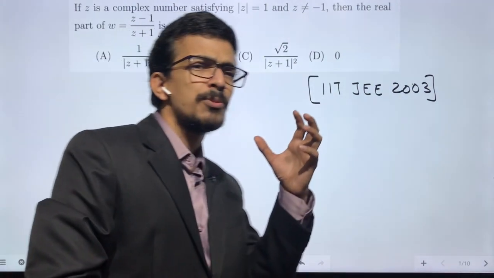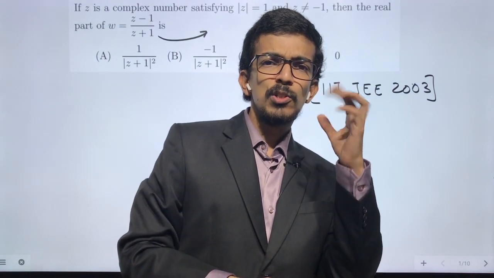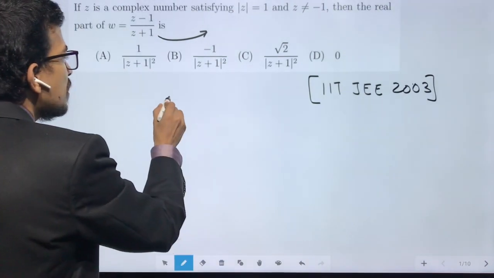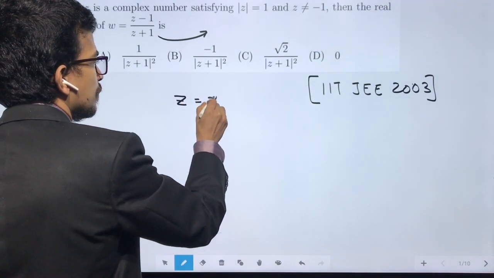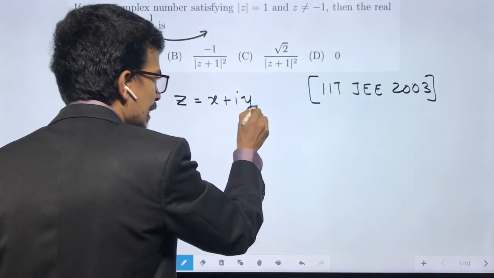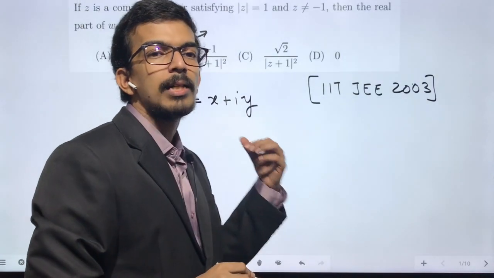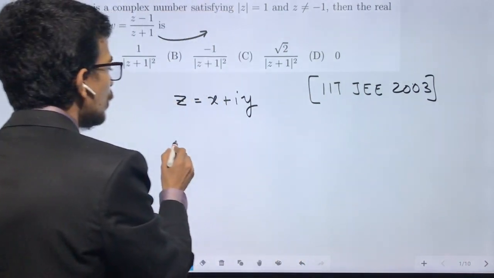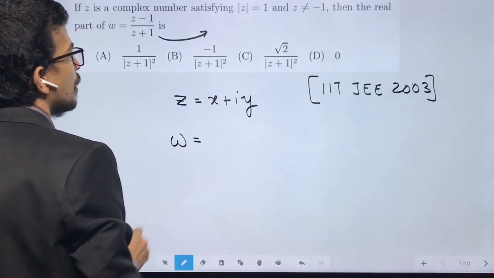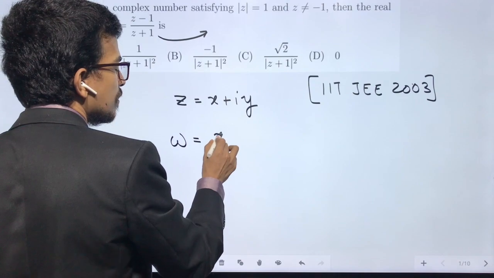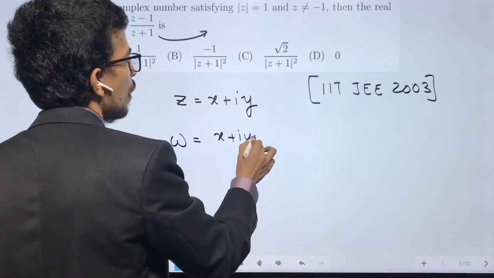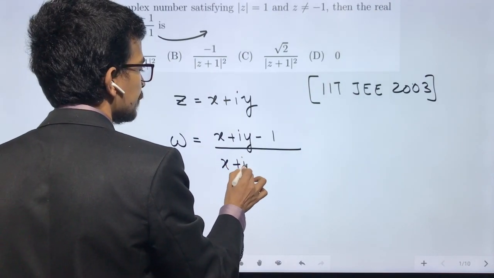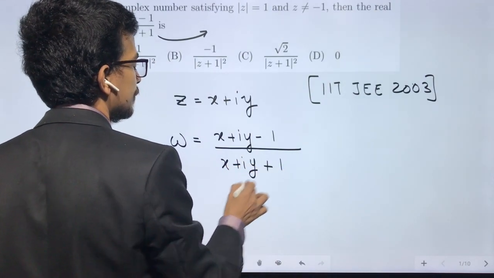The first thing that comes to your mind, for most people, is putting z is equal to x plus iy. Represent our z in terms of rectangular coordinates. So your omega is going to be, put z is equal to x plus iy, this is x plus iy minus 1 by x plus iy plus 1.